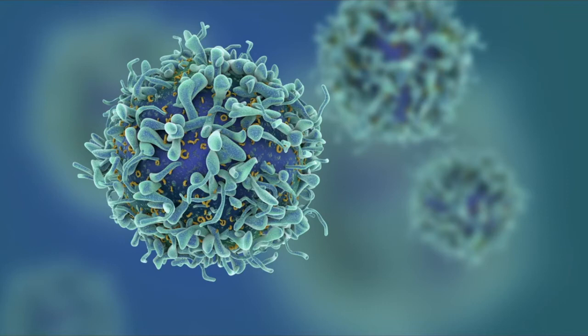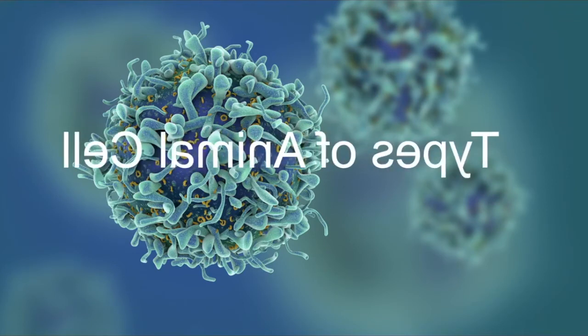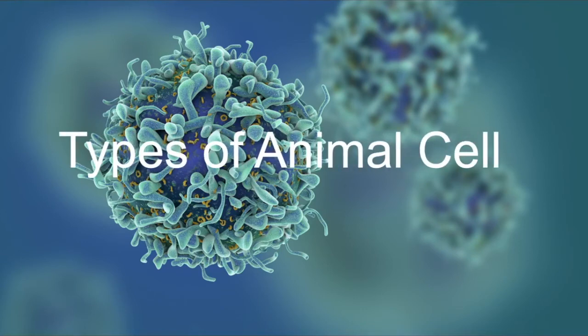Once again, what are the types of animal cells? The first one is skin cells.